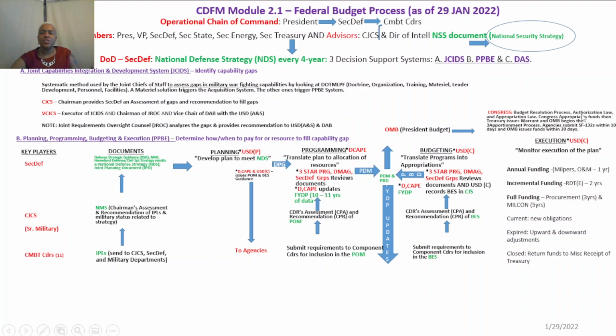The next phase is the authorization phase. The purpose of the authorization phase is to authorize the program. So the programs that we asked for here, now Congress has to look at them in the authorization phase. So you need to know which House and which Senate committees are responsible. The budget resolution phase is the House Budget Committee and the Senate Budget Committee.